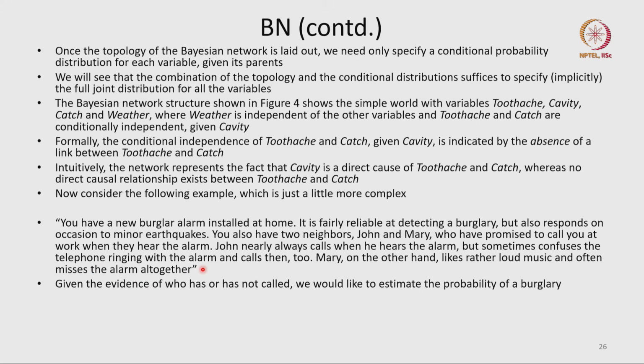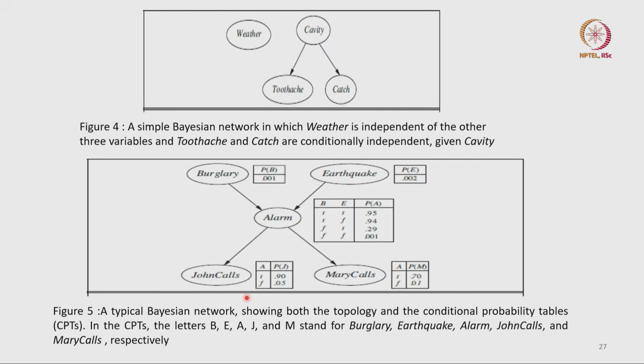So, this is what we are trying to make a Bayesian network for. Given the evidence of who has or has not called, we would like to estimate the probability of a burglary. That is the problem we have. This is the Bayesian network used here. We have chosen 5 variables: burglary, earthquake, alarm, John calls and Mary calls.